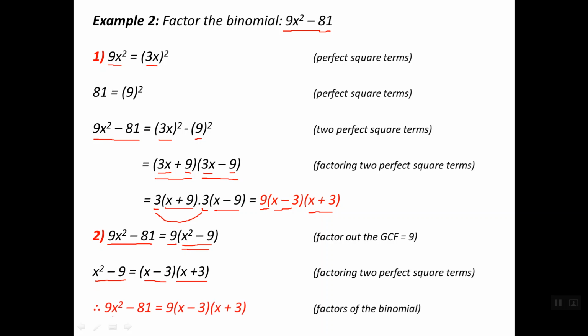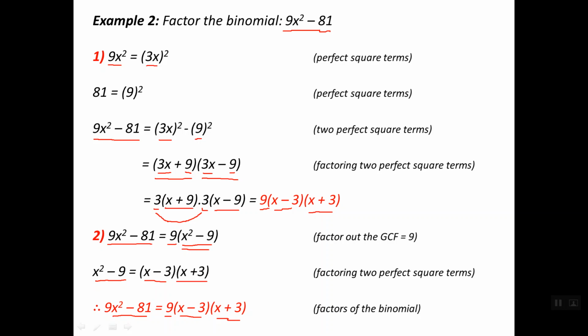So the factorization of the original binomial: this is the GCF, or the greatest common factor, and this is the second factor and the third factor. So these are the factors for the binomial.